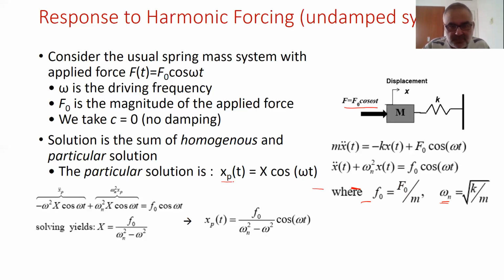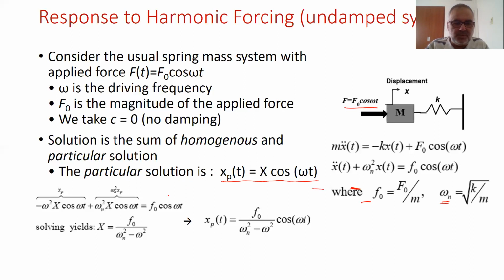The particular solution will have an amplitude of capital X times cosine omega t, omega being the frequency of forcing, not the natural frequency of our system. We take the derivative of this assumed solution and substitute it back into our differential equation.